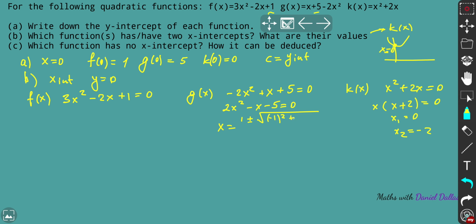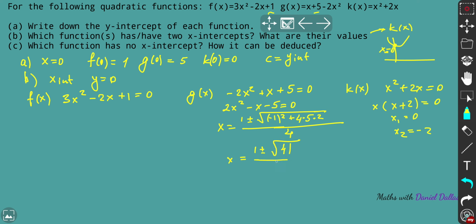So I write plus finally, because minus by minus is plus. So 4 times 5 times 2, that's what I'm going to have right now. And over 2a, which is 4. Okay, so I'll have 1 plus minus the square root of 1 plus 4 times 5 times 2, which is 40 in total, and 41, so square root of 41.